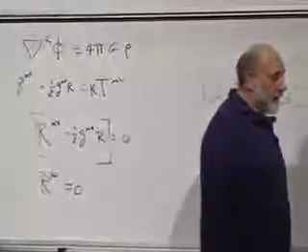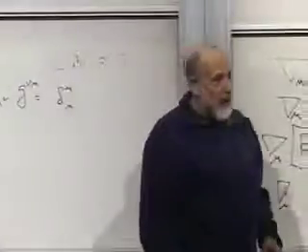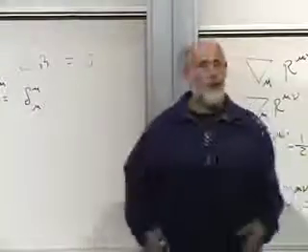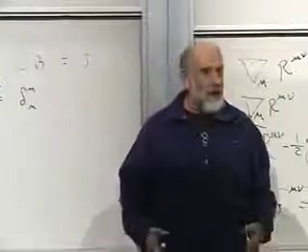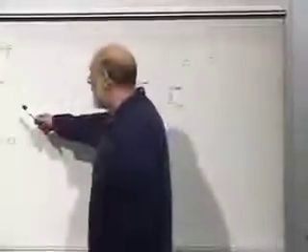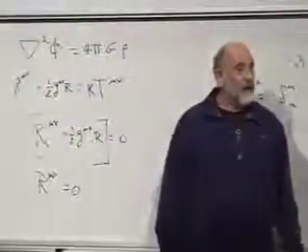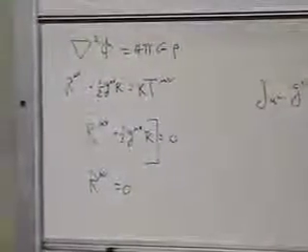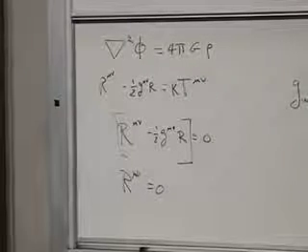So there are solutions, empty, or they're usually called vacuum solutions. They're called vacuum solutions because they don't contain any ordinary energy and momentum, but they do contain gravitational waves. Disturbances, real disturbances.